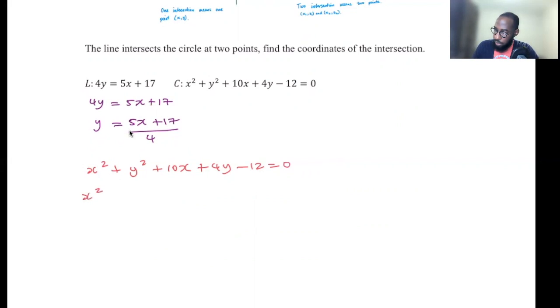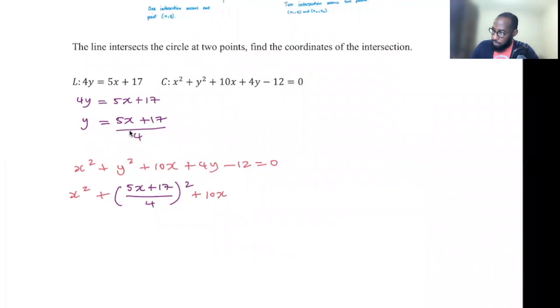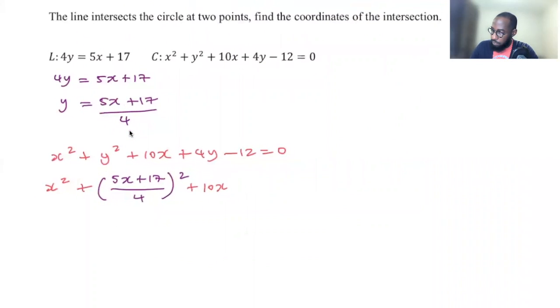So I have x squared plus, minus 12 equal to 0.